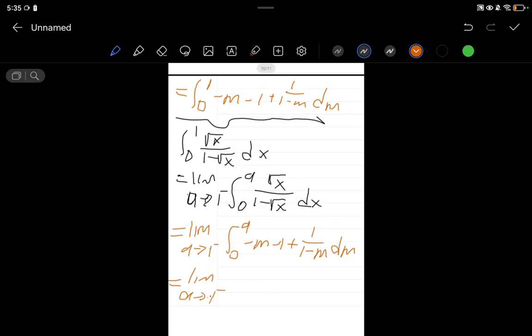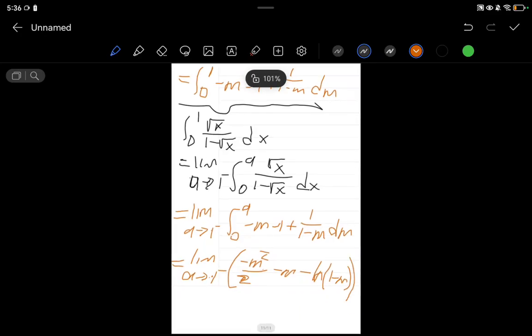If I integrate this, I'll have minus m squared over 2 minus m plus, this one also requires its own u substitution. Do you agree with me? So it means that that one will be, instead of plus, it will be minus the ln of 1 minus m. So I say 0 to a.